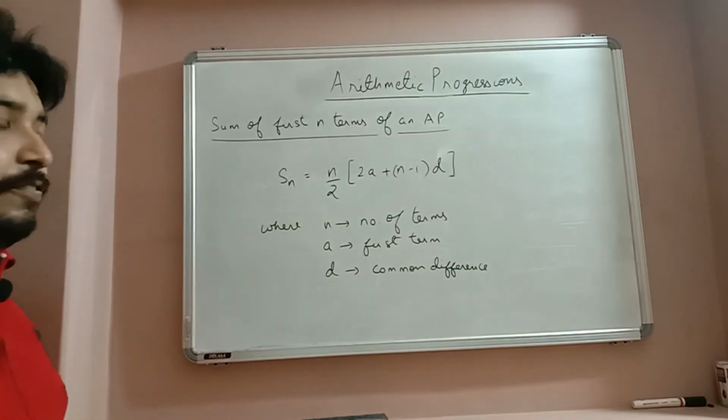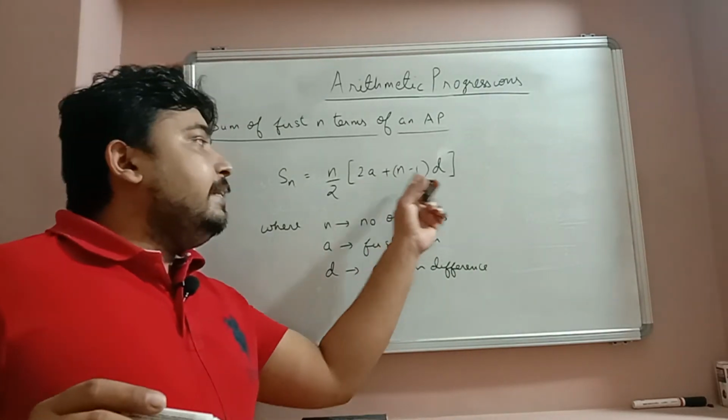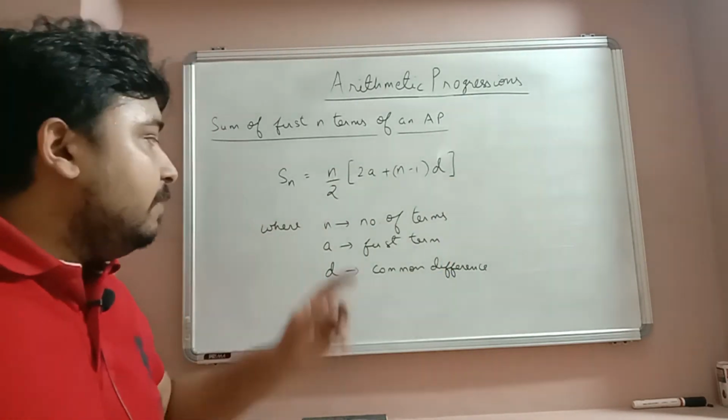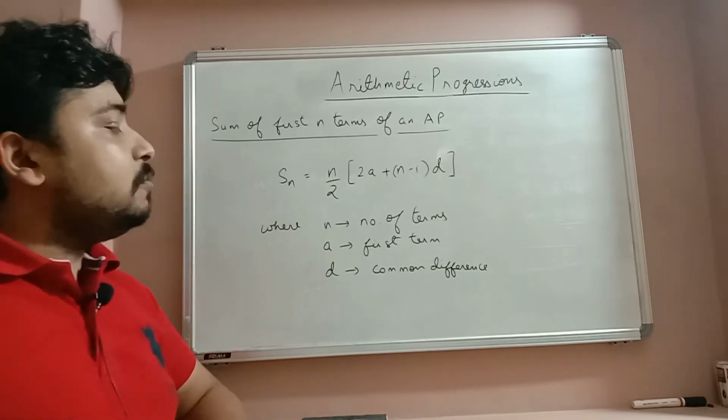So if in an AP a and d and the number of terms for which we need to find the sum are known, we can easily find the sum of the first n terms of that AP.